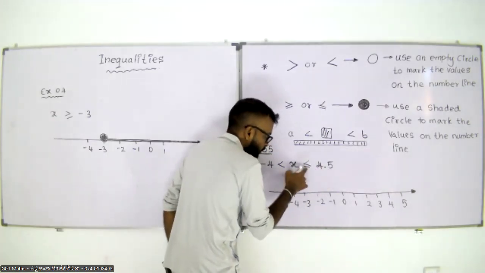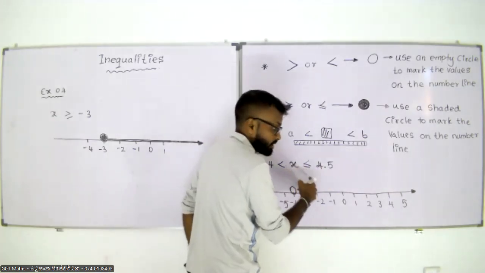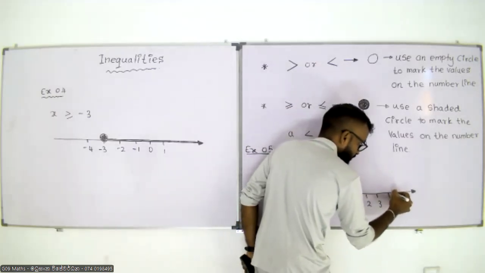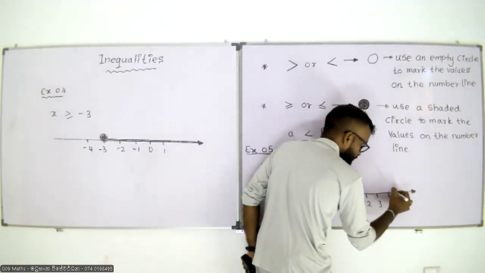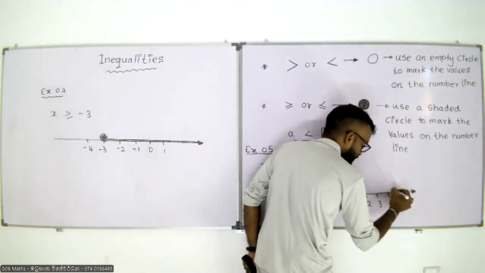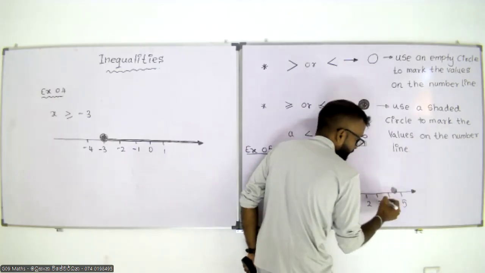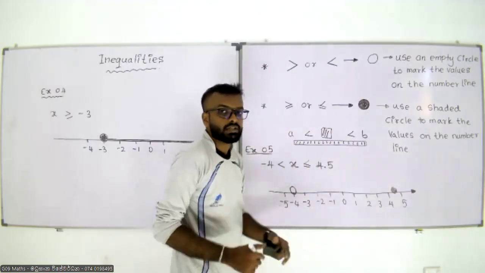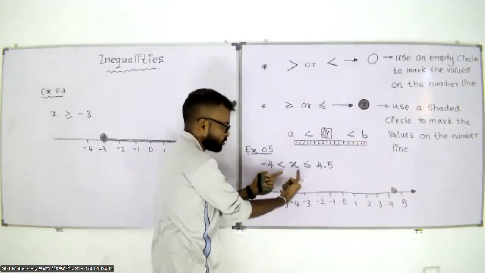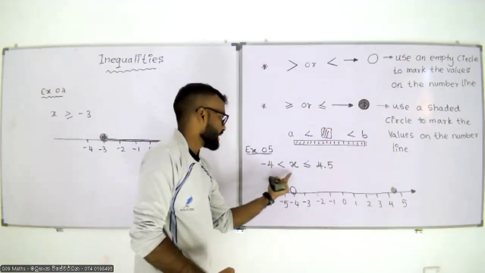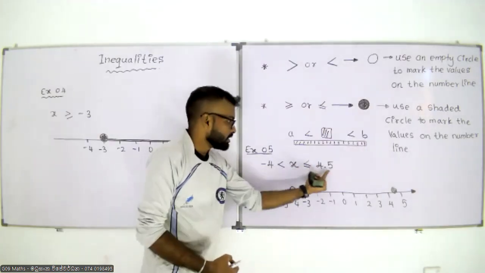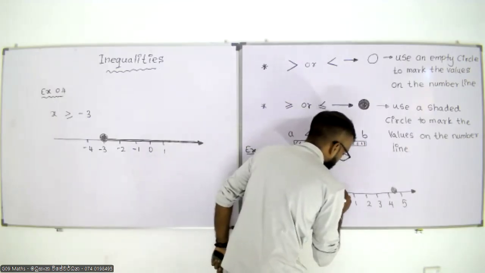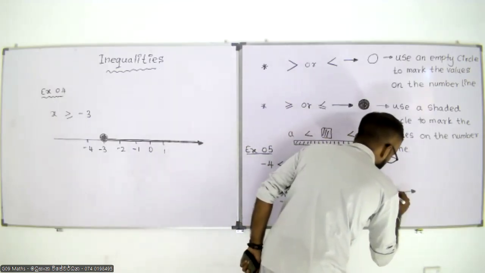When marking 4.5, the equal mark is there, so 4.5 is somewhere around here, and I am going to fill in the circle. In between the empty circle and the filled circle, we have to mark all the values. Those values are our solution x. X is in between these two values, so mark the value set in between these two.